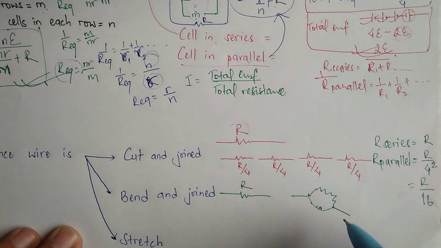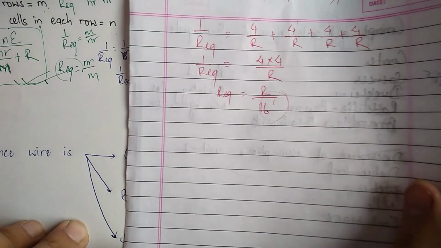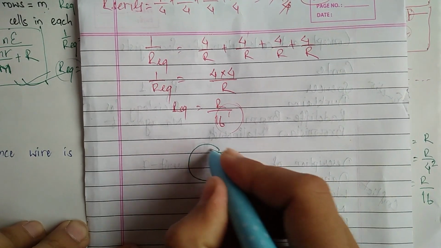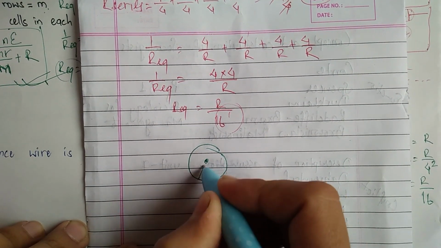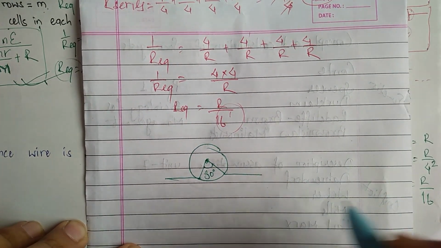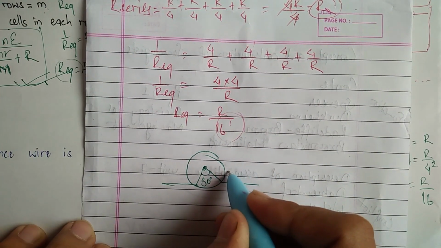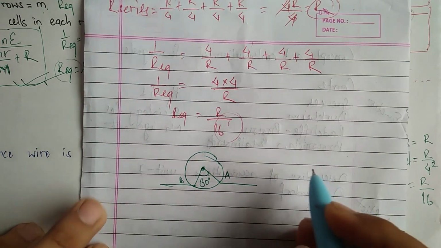Well, there is one process. Something is given, an angle, for example 30 degrees, this and this together is the total resistance, and now here is point A and point B.